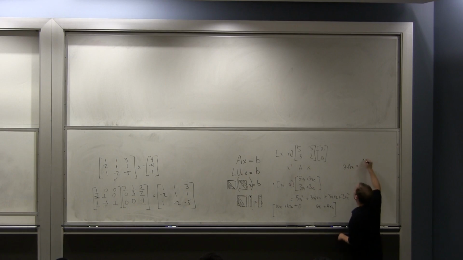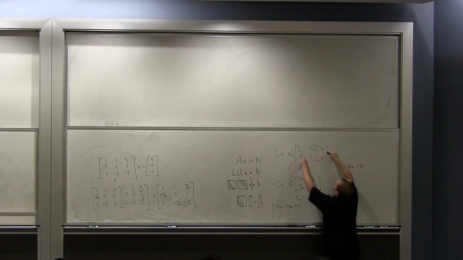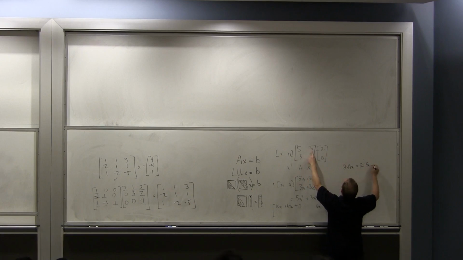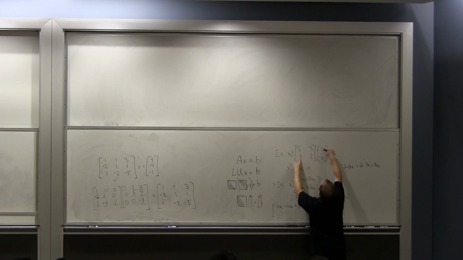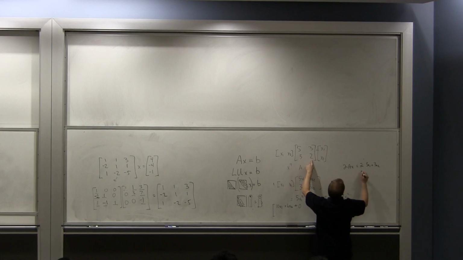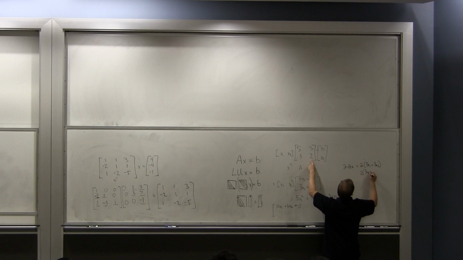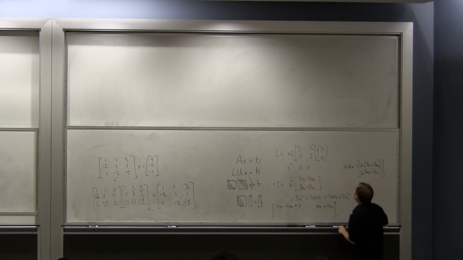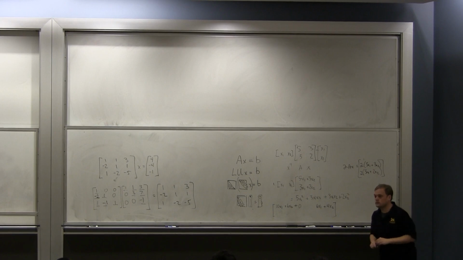Well, that would be 2 times 5x1 plus 3x2, 5x1 plus 3x2, and 3x1 plus 2x2, 3x1 plus 2x2. All right, are we happier now?